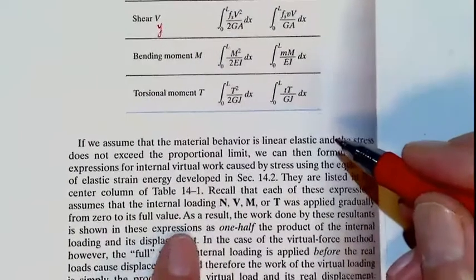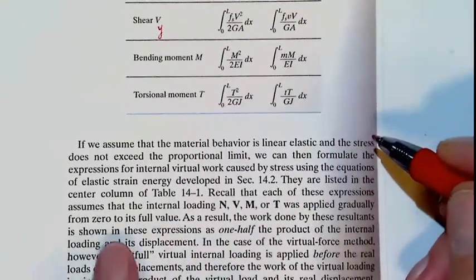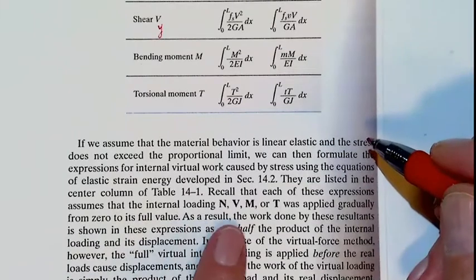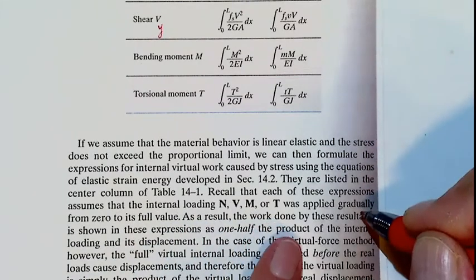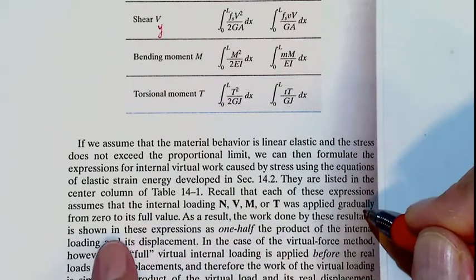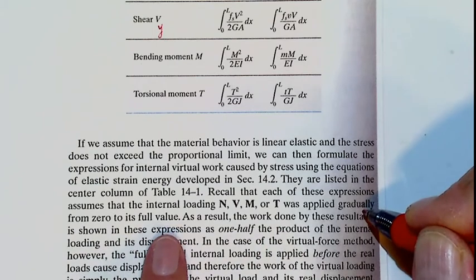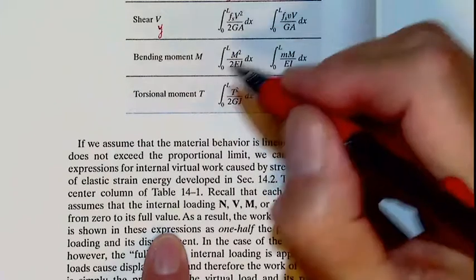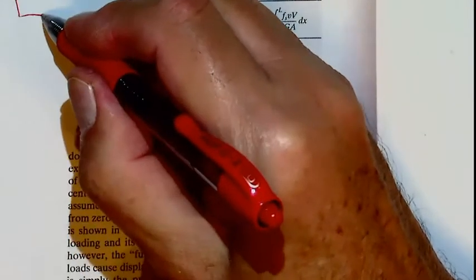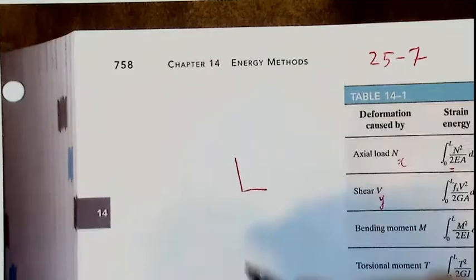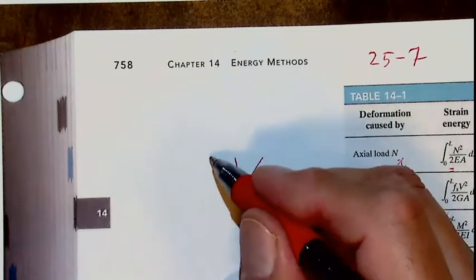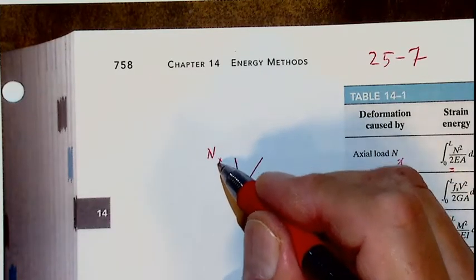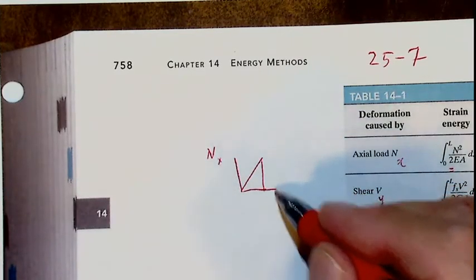Recall that each of these expressions assumes that internal loading N, V, M, and T has been applied gradually from zero to full value. Do you remember? That is why we have this 1/2, because of the gradual application. I will depict this. That is this N, and that is the proper displacement.